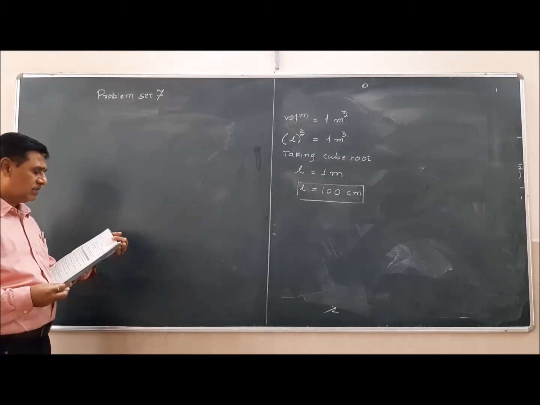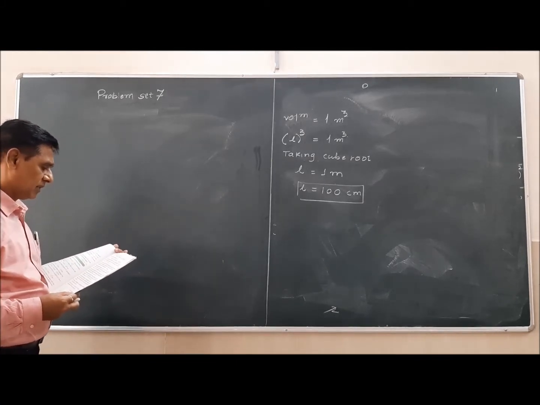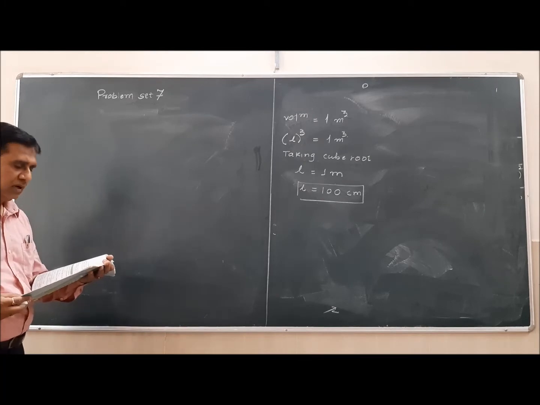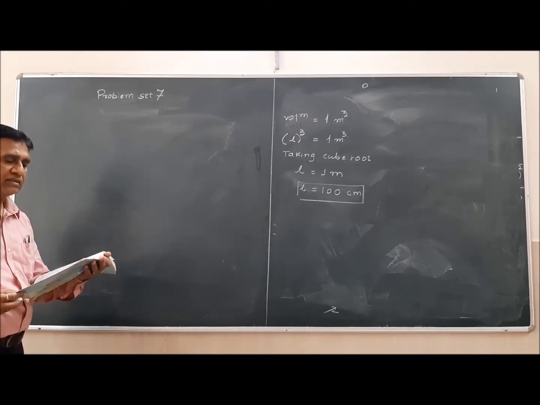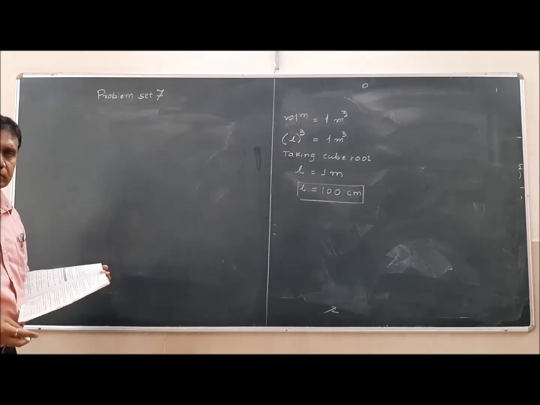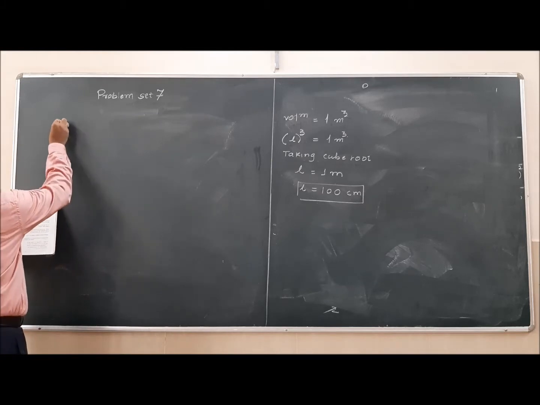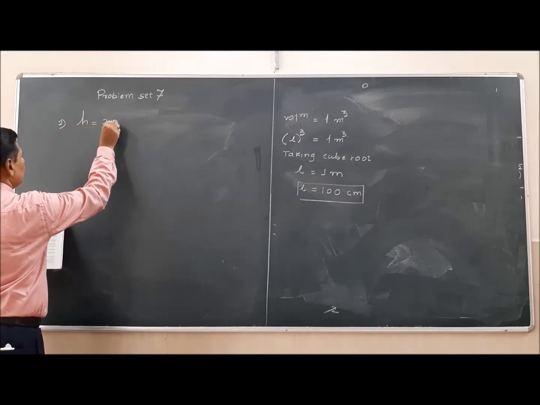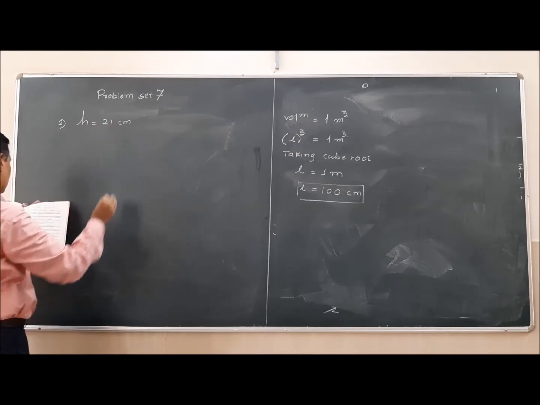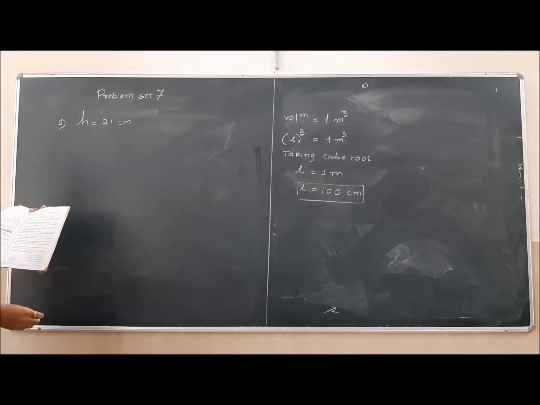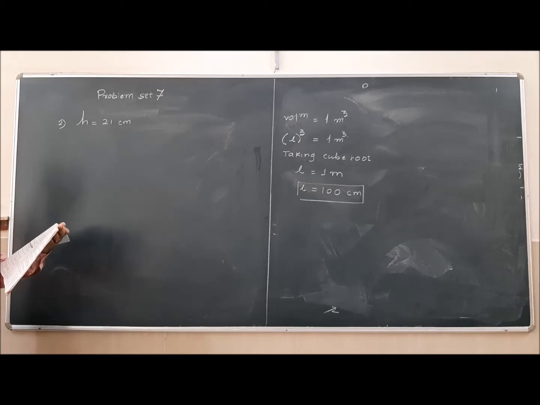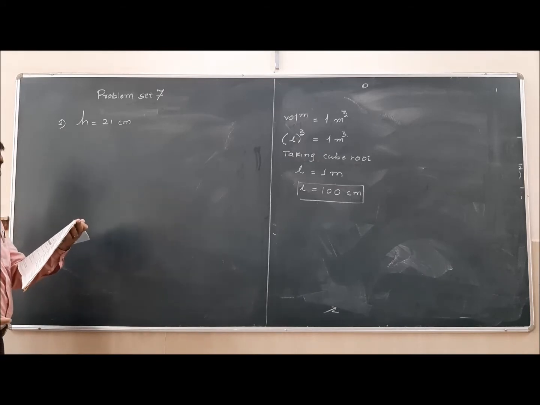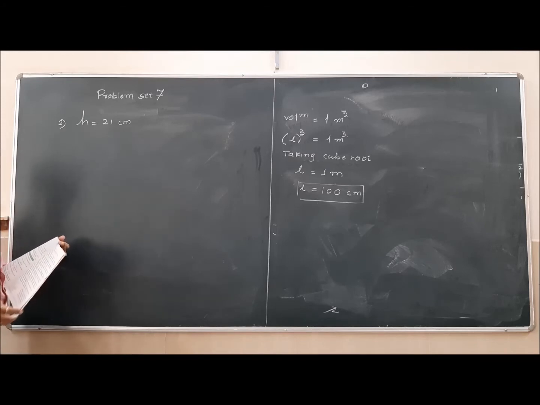So in this case, a washing tub in the shape of frustum of a cone has height 21 centimeter. So height is given here. Height is equal to 21 centimeter. Next to that, the radii of the circular top and bottom are given as 20 centimeter and 15 centimeter respectively.